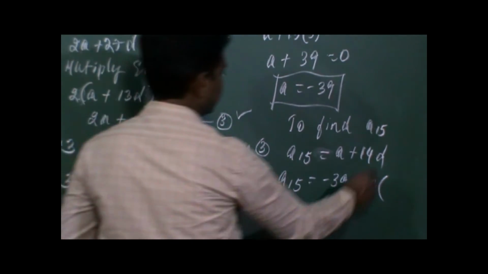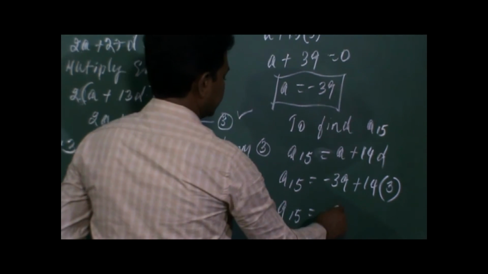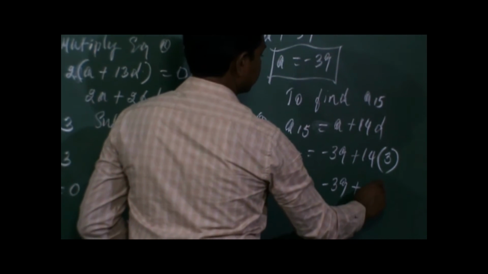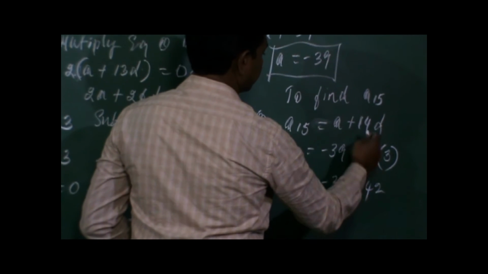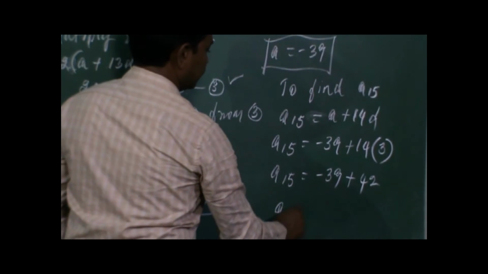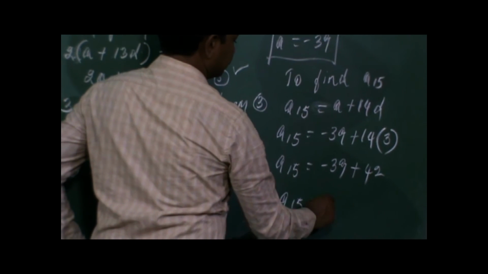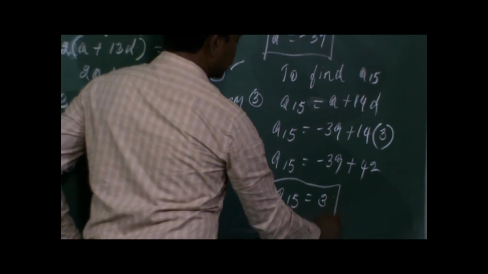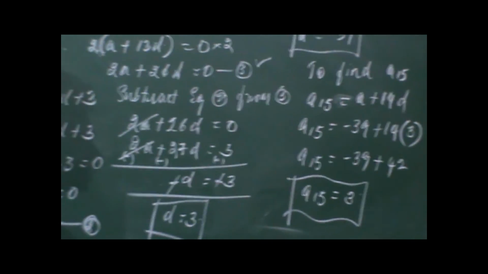So instead of D, we substitute 3 here. A15 is equal to minus 39 plus 42. Minus 39 plus 42 is 3. So the 15th term of the given AP is 3.